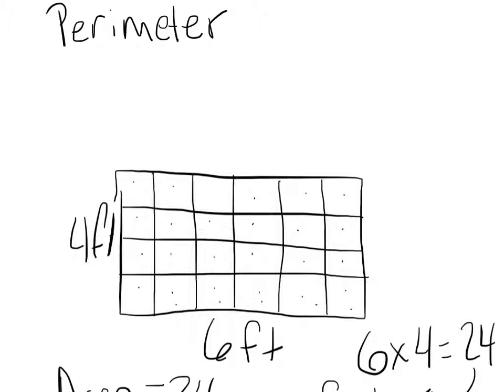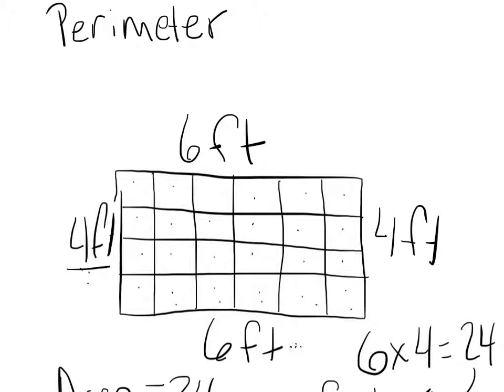And in a rectangle, some of you guys have told me, which is great, that you know that opposite sides are equal in a rectangle. So if you know that this side down here is 6 feet, then you should know that the opposite side is also 6 feet. Okay? Same thing with the length. You know that this side down here is 4 feet, so this side is also 4 feet because rectangles have opposite sides that are equal.